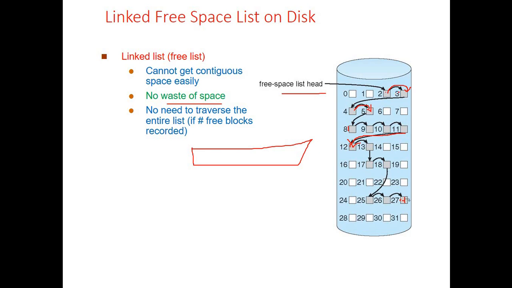But in order to find contiguous vacant blocks, we do not have any methodology to find the contiguous free blocks. We just need to traverse through this linked list to find the vacant blocks, whether they are contiguous or not, by traversing through the entire list of these free blocks headed by the head pointer.